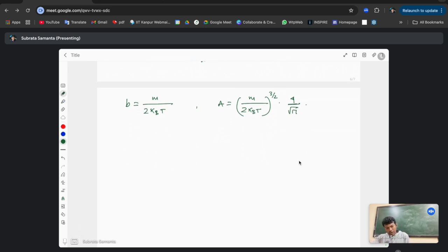Now if you draw a curve, v MP again is proportional to the square root of T.